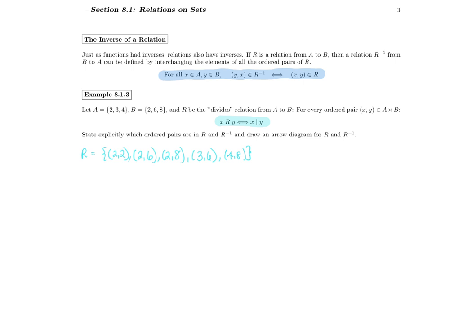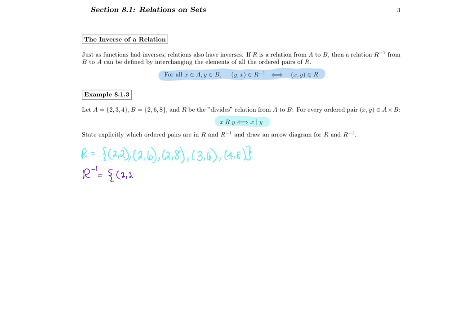So we can use this definition to help us state the ordered pairs in the inverse relation. All we're going to do is switch around the x and y values in every ordered pair that fits our relation. Every ordered pair that's in R, we will switch their order and they will be in R inverse.